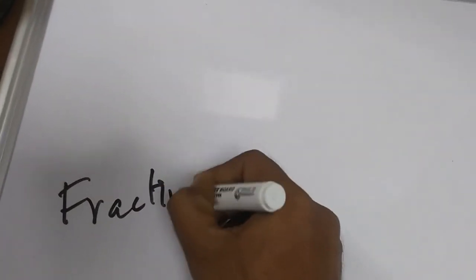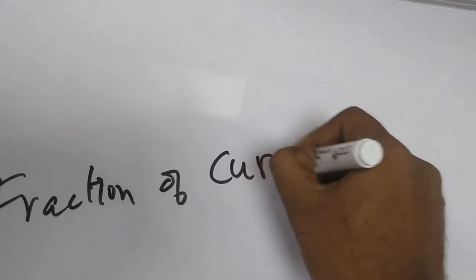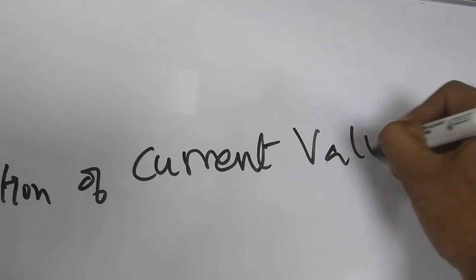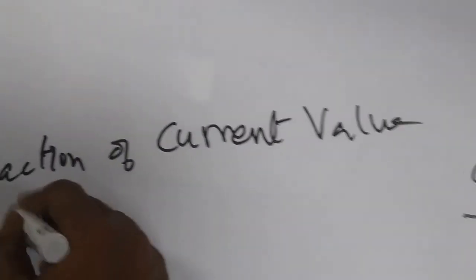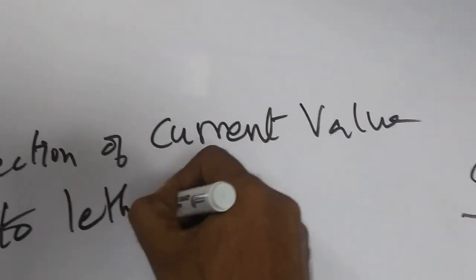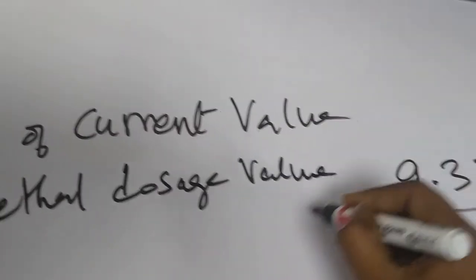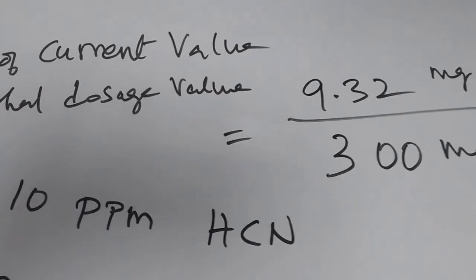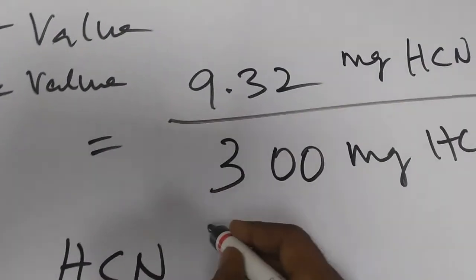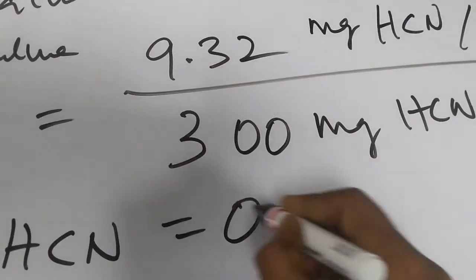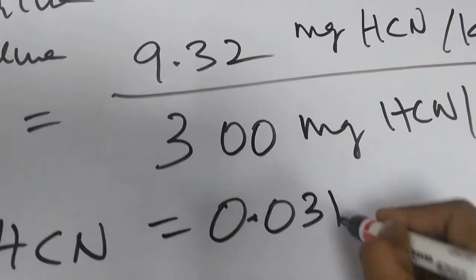So we get the fraction of current value to lethal dosage value is equal to 9.32 divided by 300, which is equal to 0.031.